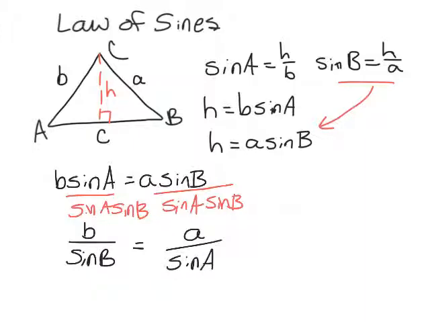Now this is all arbitrary. I could do this again. I could create an altitude from A and drop it and come up with an expression for side c. All of this is generic, and it doesn't matter which vertex I start from, I can come up with the expression for the law of sines. So here's the meat. We're going to write down the official law of sines.